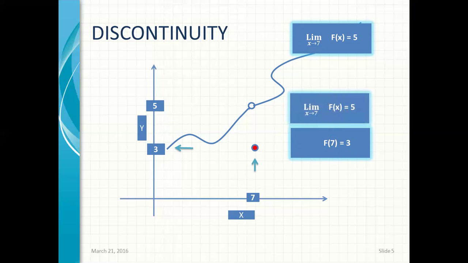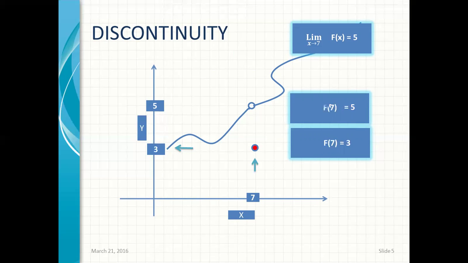Now let's notice the difference between these two things. Since I am talking about the value of the function at x equals 7, I am no more talking about the limit now. So the first and foremost thing is remove this limit x tends to 7 term. Now instead of x, I'm putting x exactly equal to 7, so I replace x with 7.